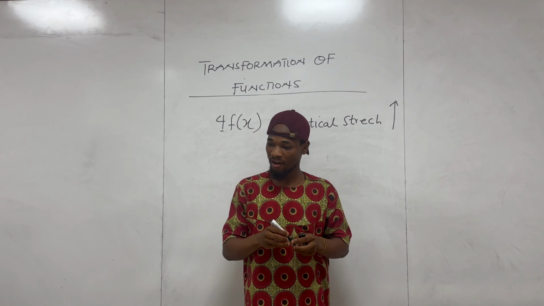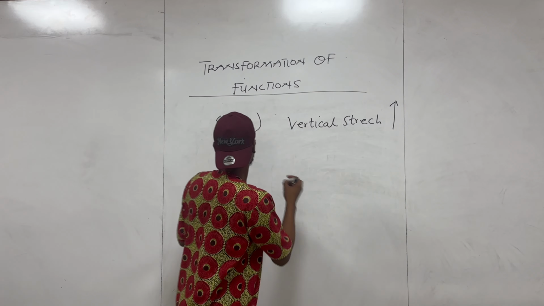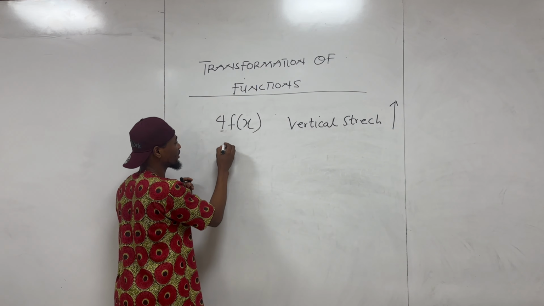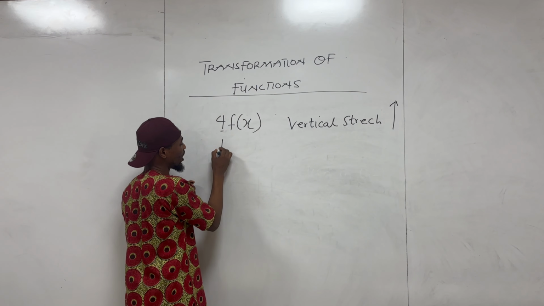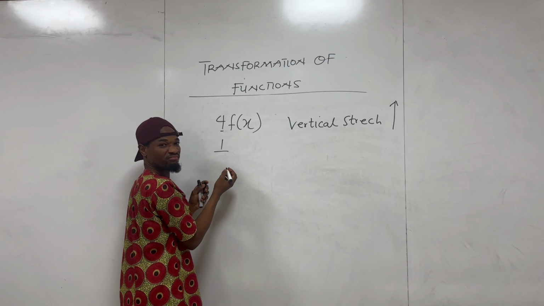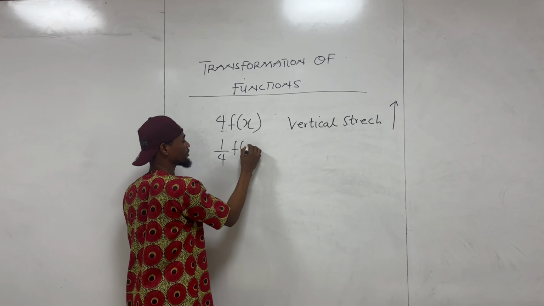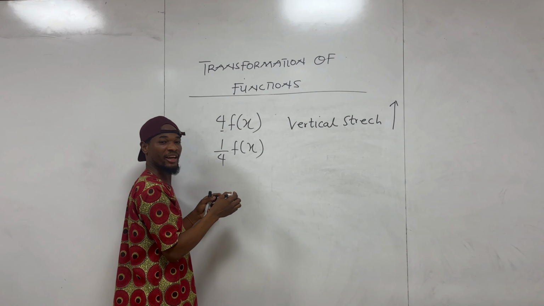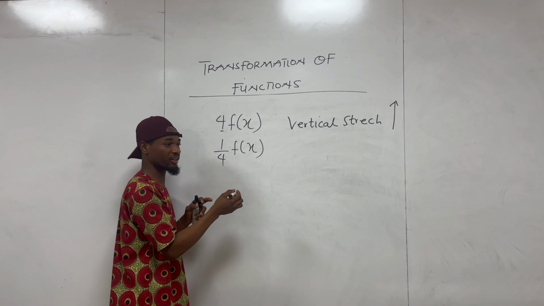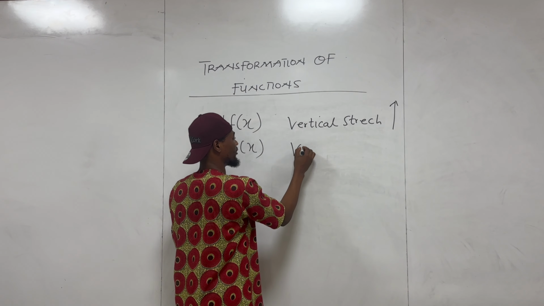So let's say if you have a fraction, let's say 1 over a. Okay, so 1 over anything up to, let's say 1 over 4. Then f of x. Again, it becomes vertical.